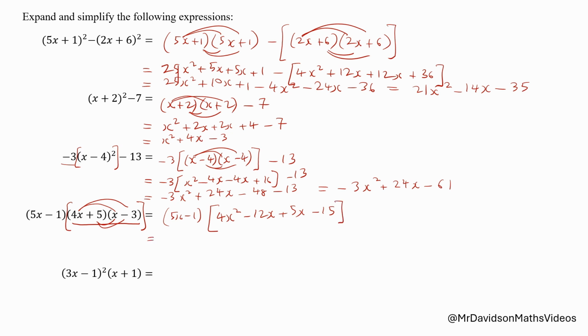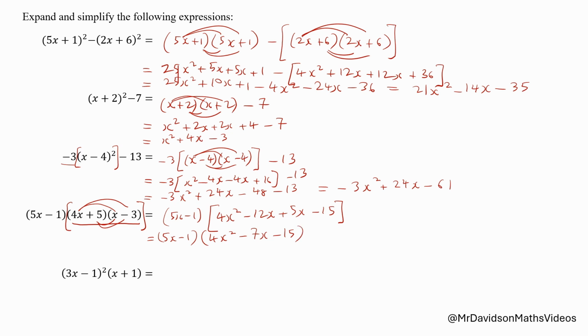So that's the same as 5x minus 1 multiplied by 4x squared minus 12x plus 5x is minus 7x minus 15.